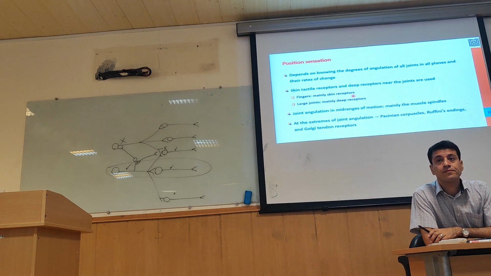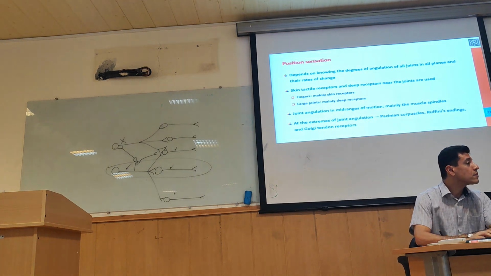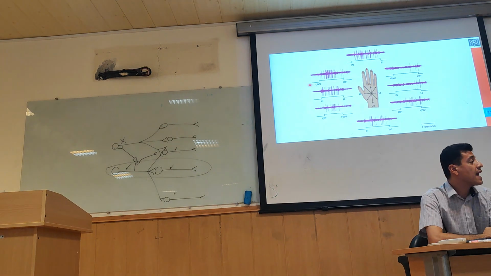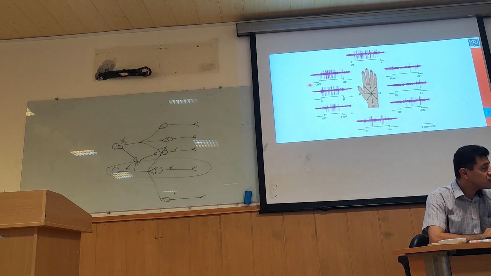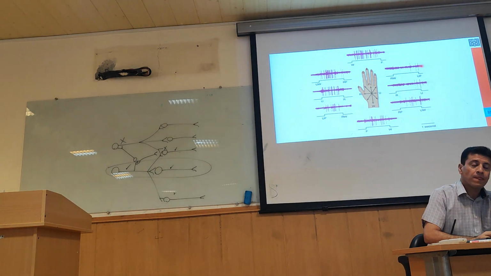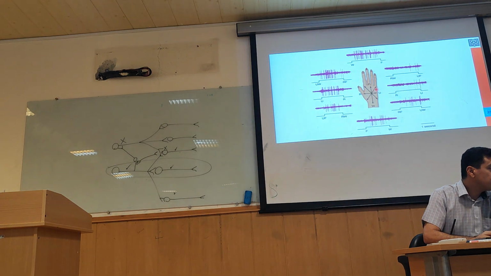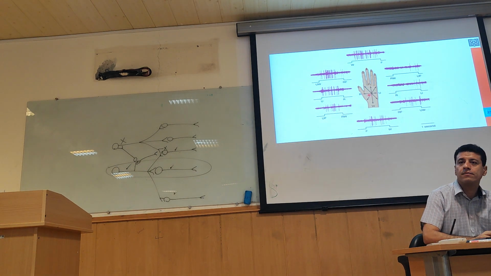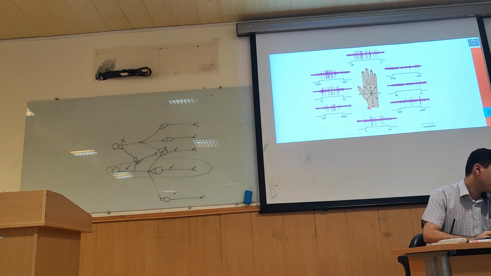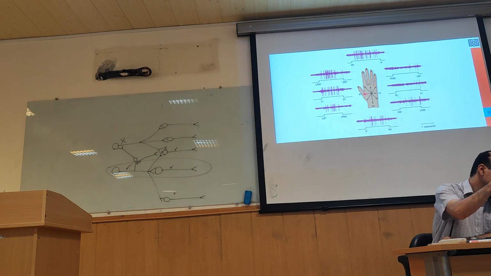You have a question? Can you explain the previous one once again? Yes, actually, I mentioned here that a neuron in the cortex has a receptive field in a special area of the body. For example, for this neuron, the receptive field is in the back of the left hand. No, this one is the right hand, right?